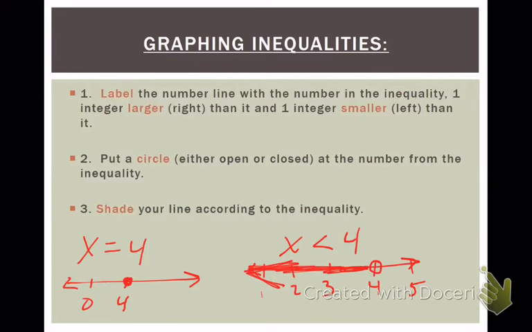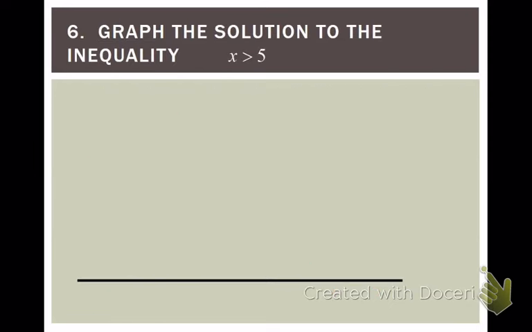If 4 were a solution, I'd want to color that in too, and we'll take a look at what that looks like in just a second. Okay? So graph the solution to this inequality, x is greater than 5. Well, we're going to put a 5 here, 4 here, 6 here. And we need to graph, we need to shade the solutions.